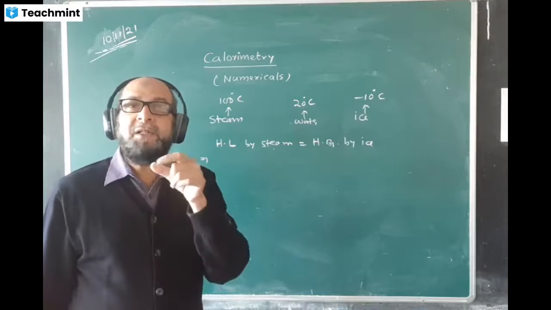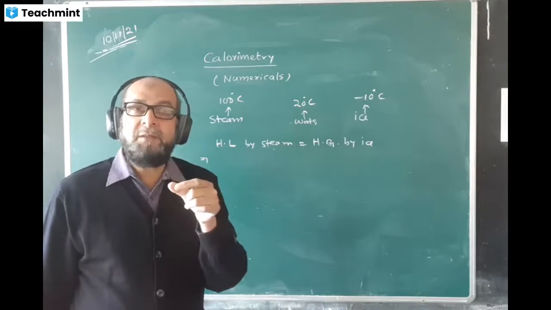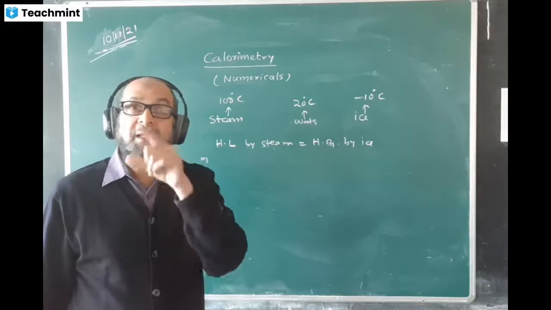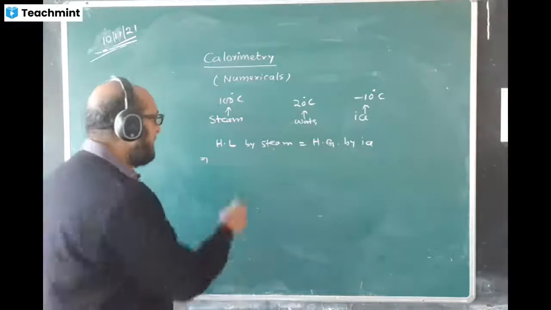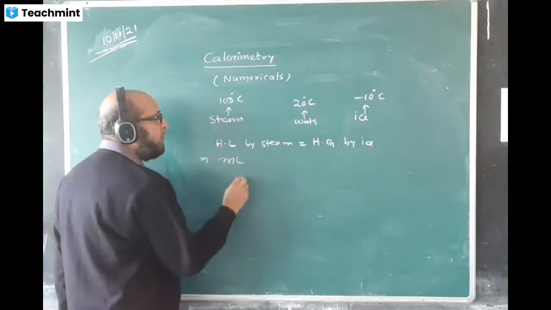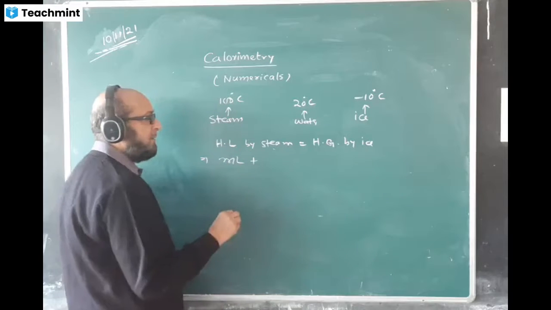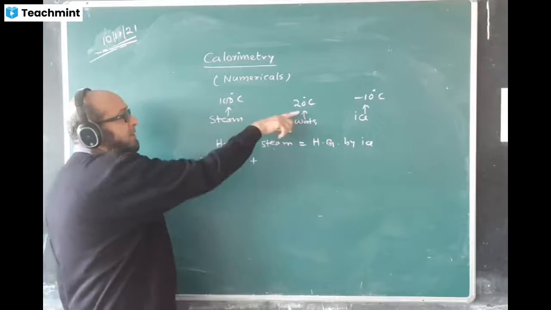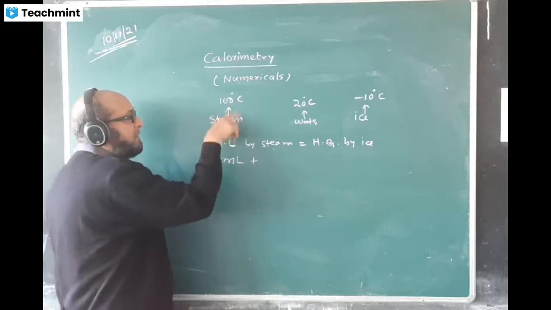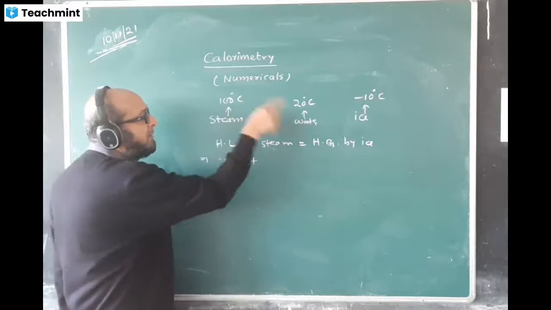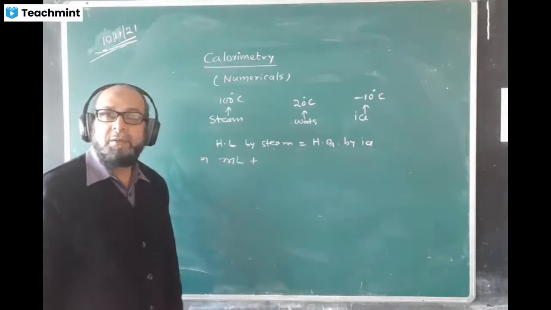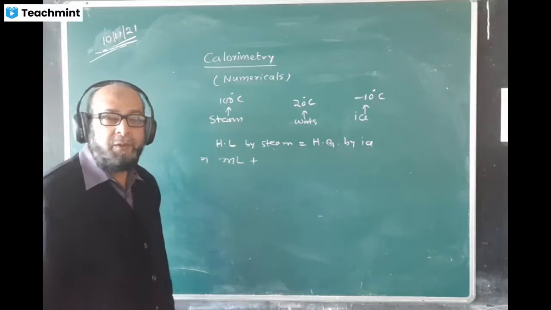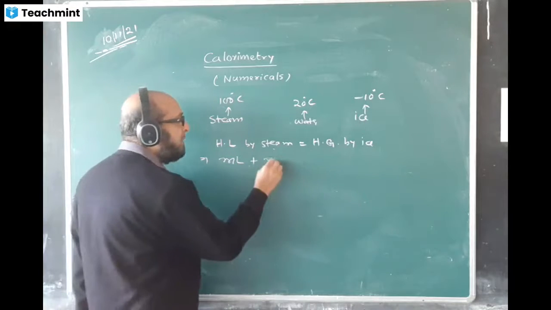When steam is changed into water, it changes into water of the same degree, 100 degrees only, minus ML. Yes, sir. You do plus MC theta. This is giving water of 100, but the temperature of water we want is 20. We are decreasing the temperature of water from 100 to 20, plus MC theta.